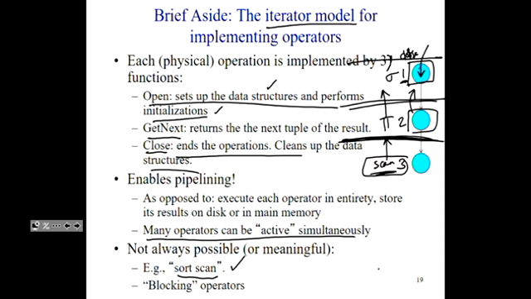These are non-blocking operators. Okay, so group by, sorting based operators, these are blocking. And even within some other operators, joins for instance, there are some implementations that are blocking, some implementations that are non-blocking, and we'll get into that in a little bit.